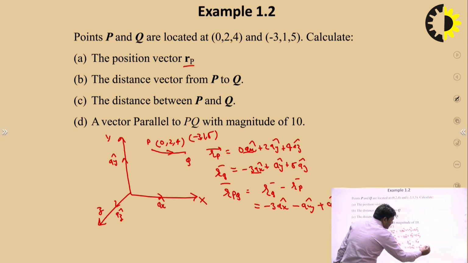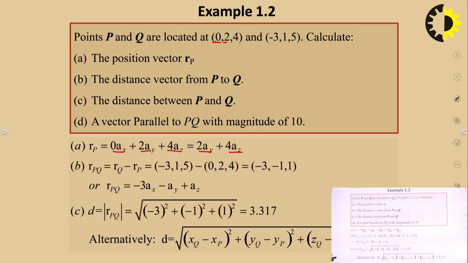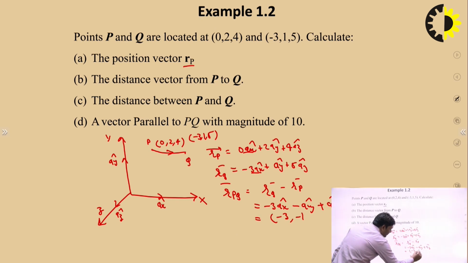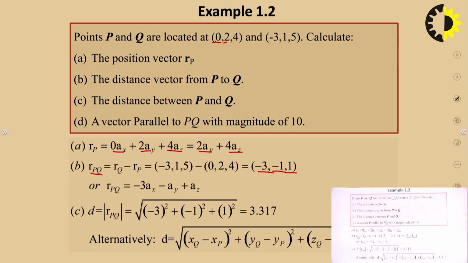So the distance vector is minus 3ax minus ay plus az, or we can say the distance vector is given by (-3, -1, 1). So easily we calculate it.